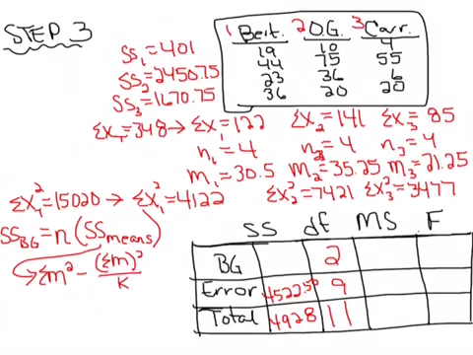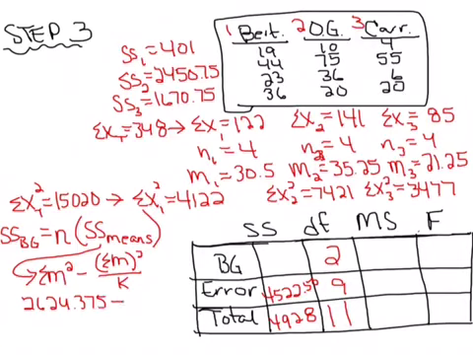So we're basically going to do a sums of squares on just the means. That means we're going to have 30.5 squared plus 35.25 squared plus 21.25 squared. If you calculate that out, you should be getting 2,624.375.